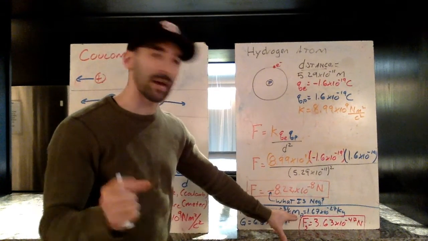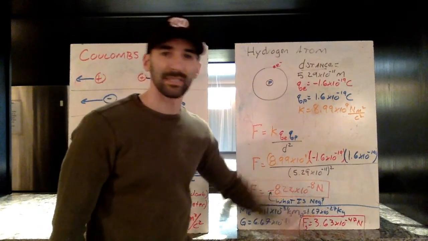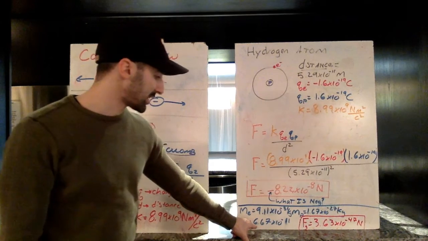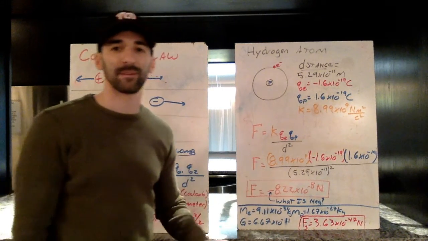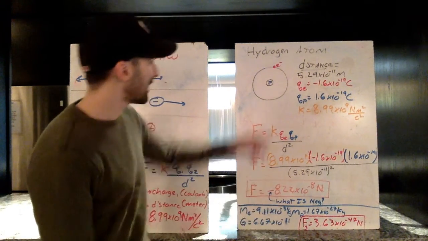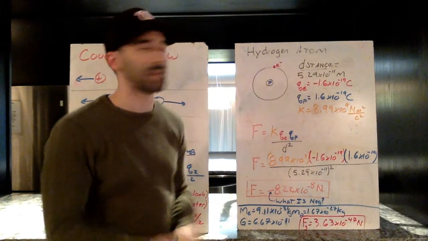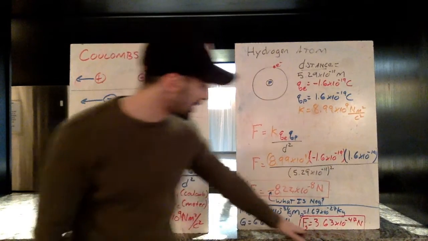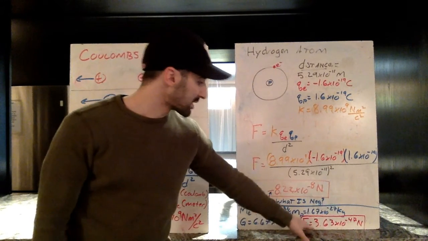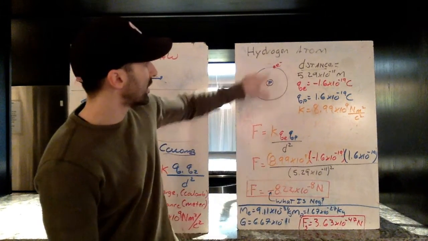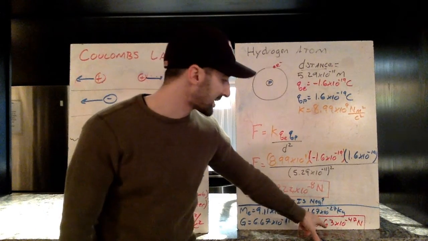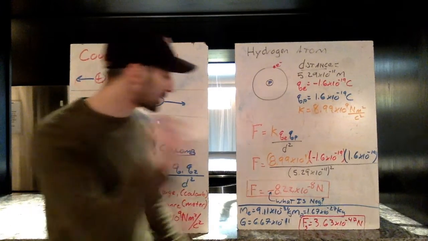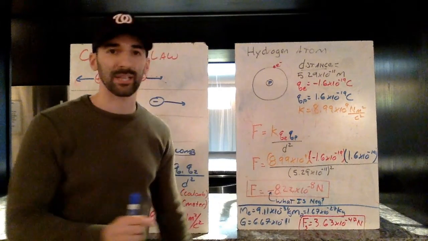The mass of a proton, much bigger, 1.67 times 10 to the negative 27 kilograms. The universal gravitational constant, again, is 6.67 times 10 to the negative 11th. And the distance stays the same, 5.29 times 10 to the negative 11th. If you do all of your numbers right, you should get what I have written here in pink. The force of gravity, or the attractive force between those two objects, 3.63 times 10 to the negative 47 newtons. So much smaller than the electrostatic force.